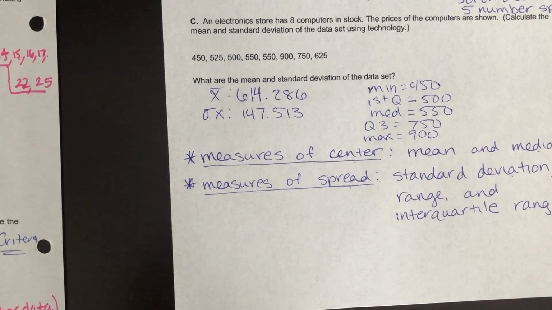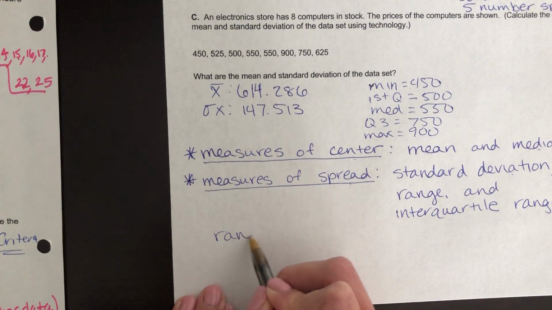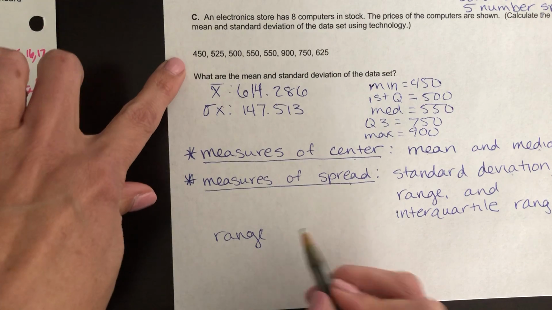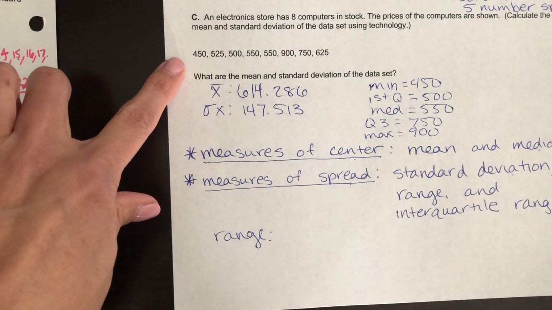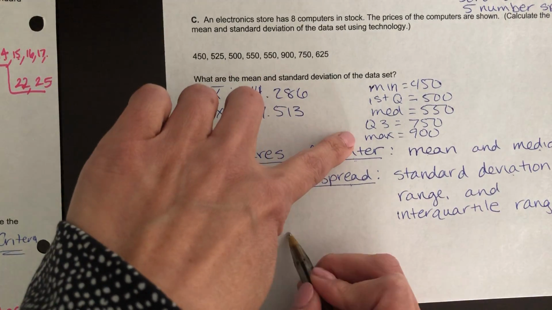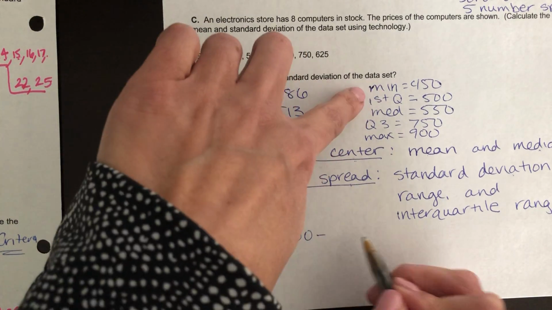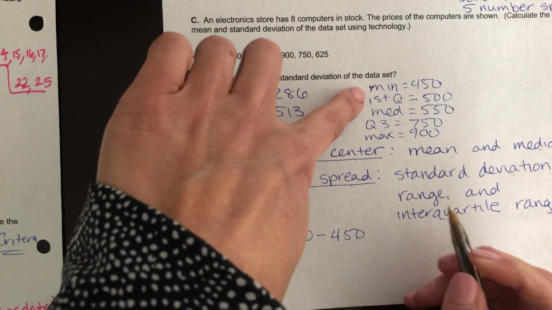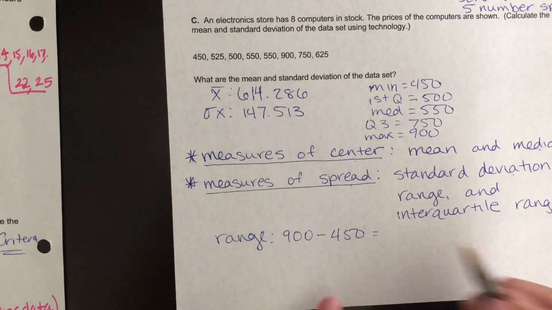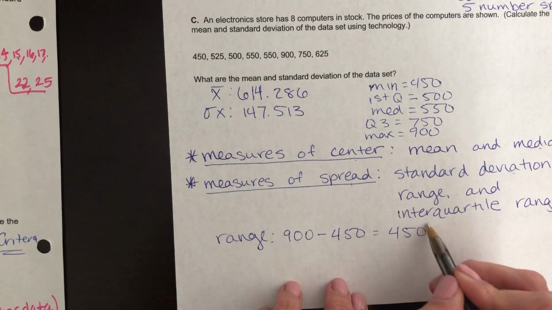Oh, real quick, how do you find the range and the interquartile range? Let's go over that too. So the range, if I'm using this example up here, I'm looking at the highest minus the lowest, so the max 900 minus the min 450, and that would be 450. That would be your range.